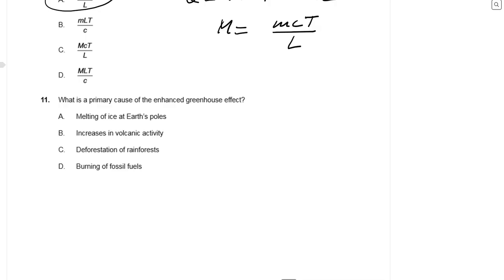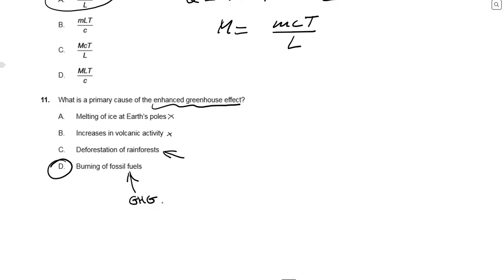Now, what is the primary cause of the enhanced greenhouse effect? Primary cause, like I'm thinking, students will be confused between these two, right? But the correct answer would be burning of fossil fuels, because they're asking about primary cause. And they're talking about the enhanced greenhouse effect. So this is what's causing our greenhouse gas molecules to increase.